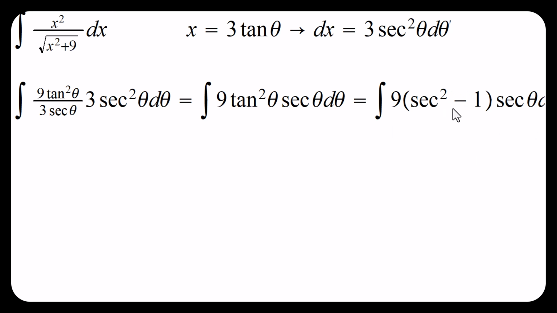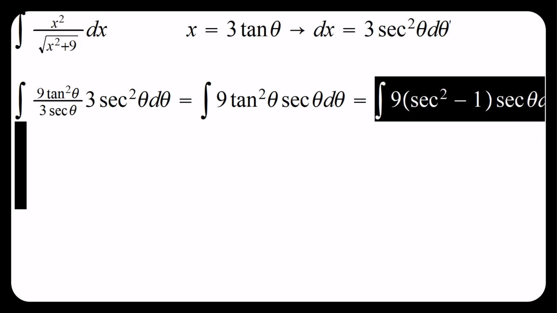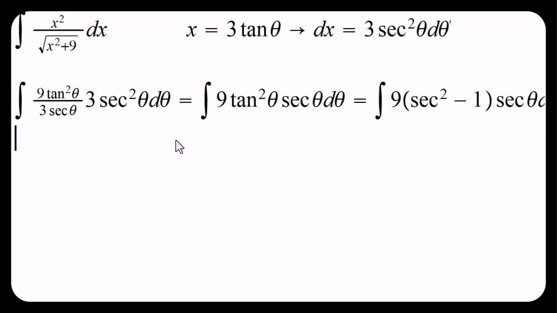So once we do that, let me just bring it over here. So this changes to this integral, right? And I'm just going to bring this outside for convenience. All right. So here we go. So now let's see what we get from here.